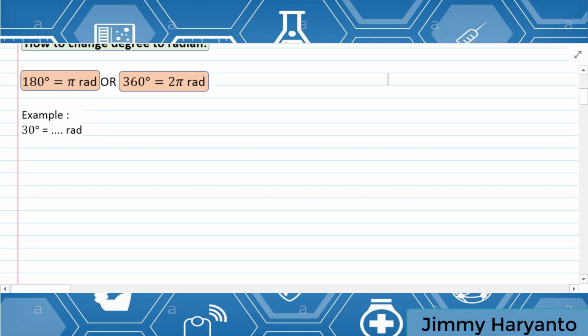I think you already learned this in the first section of this chapter. So 30 degrees will be 30 degrees over 180 degrees times pi, which equals 1 over 6 pi radians. Or if you use your calculator, you can get the decimal number of that radian.